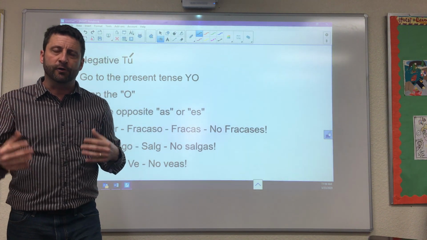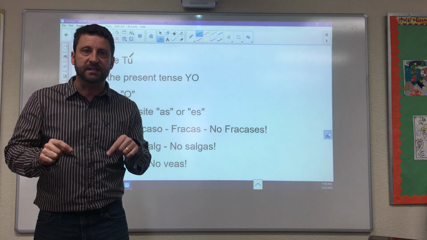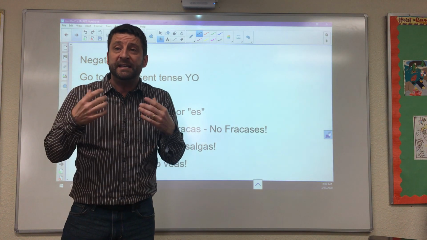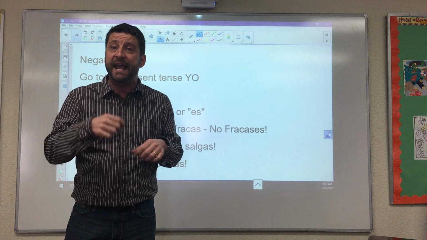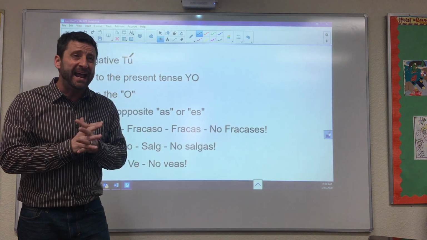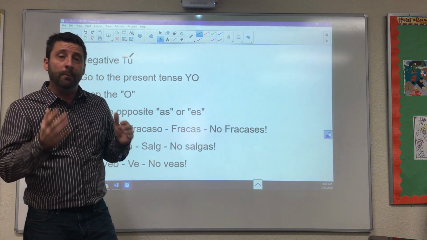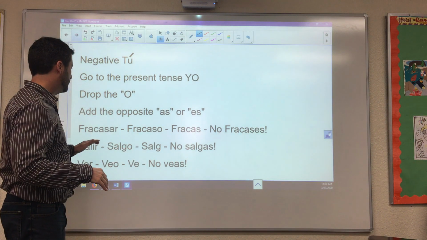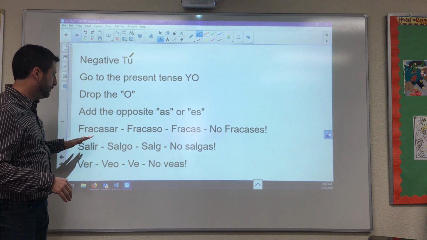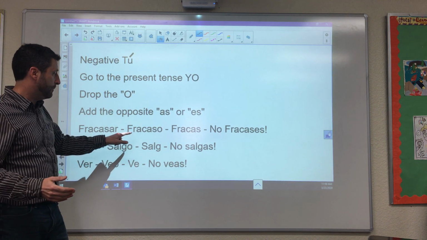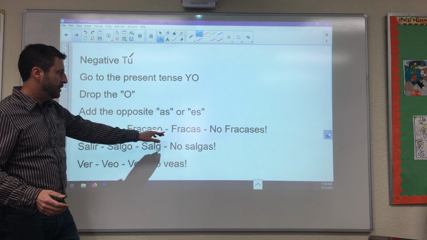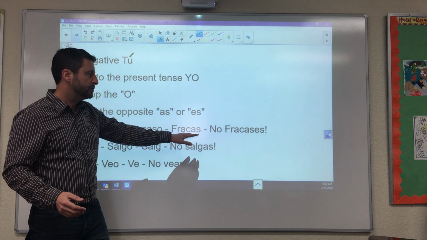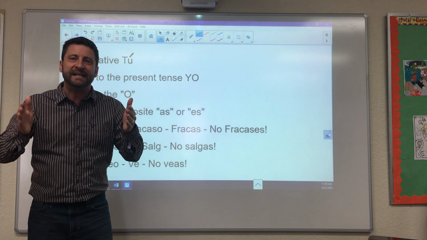If it's an IR verb like escribir, opposite is going to be as. Or an ER verb, same thing, comer, it's going to be as. But if it's an AR verb, such as tomar, it's going to be es. So, for example, fracasar, to fail, go back to the yo, fracaso, drop the o, fracas, don't fail, no fracases.